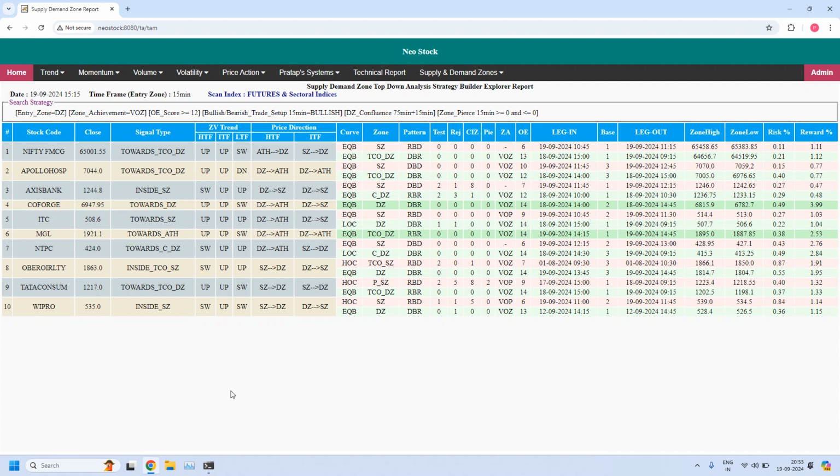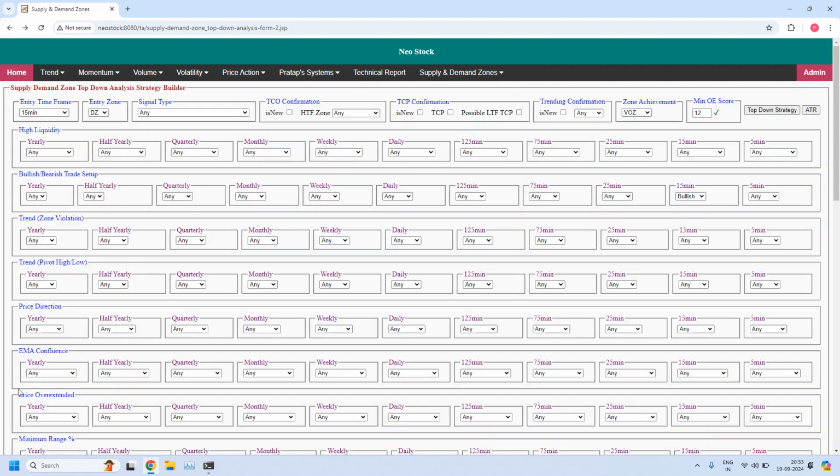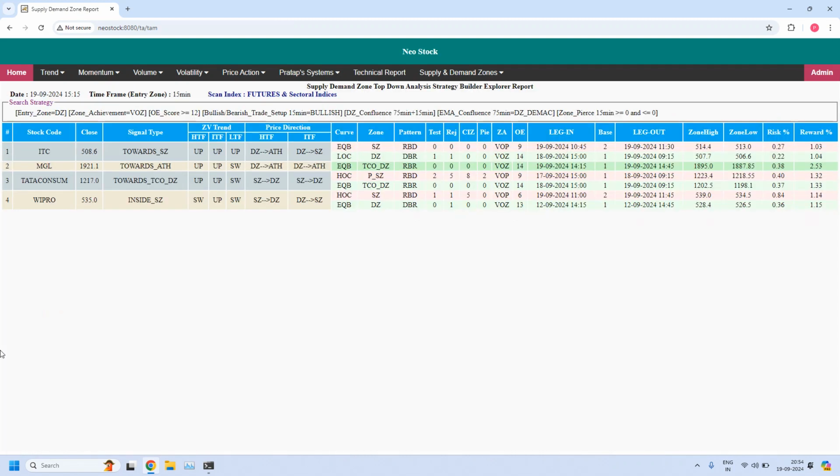If any of these 75 minute zones are having daily EMA confluence, probably it is a high probability trade setup. So in the EMA confluence, in 75 minutes time frame, I am enabling 75 minutes demand zone with daily EMA confluence. Let's verify.